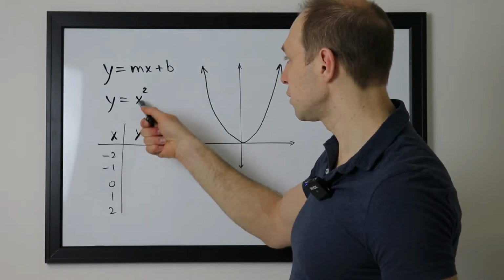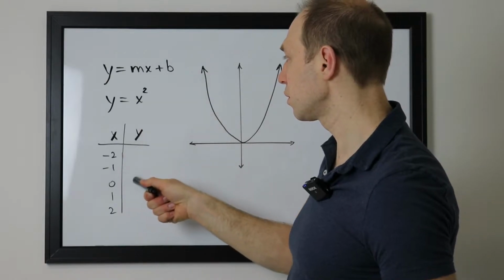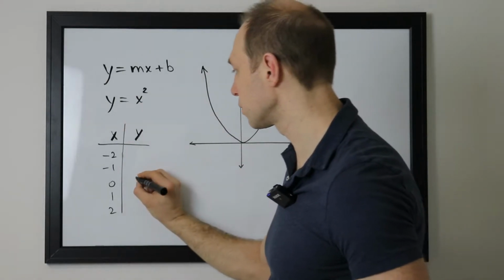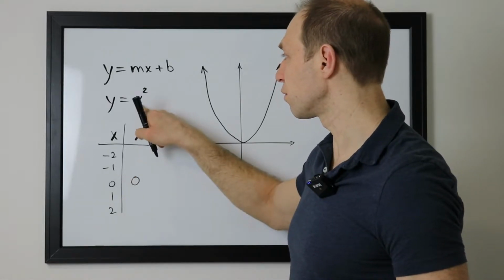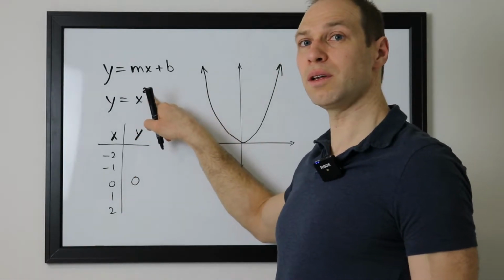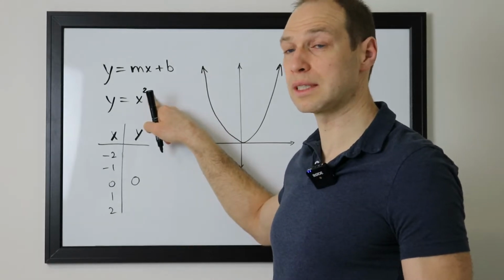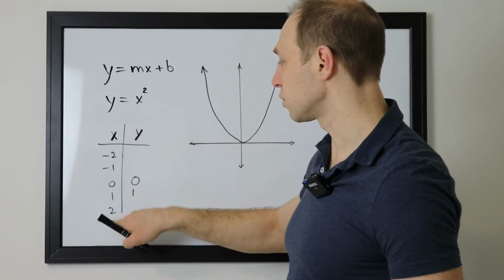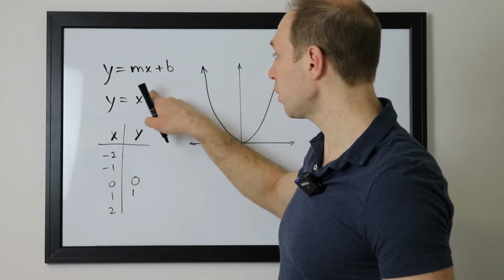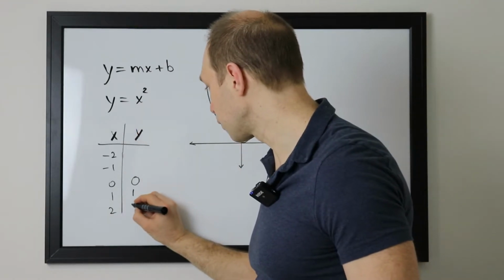When x is 0, 0 squared is 0. When x is 1, what does squaring mean? A number times itself. So 1 times 1 gives you 1. If x is 2, 2 squared is 2 times 2, so you're going to get 4.